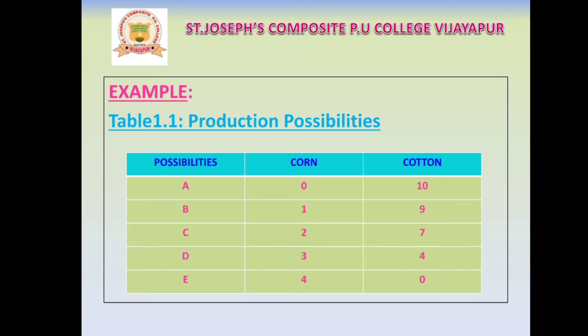So when 4 units of corn are produced, it means all the resources are utilized for the production of corn.